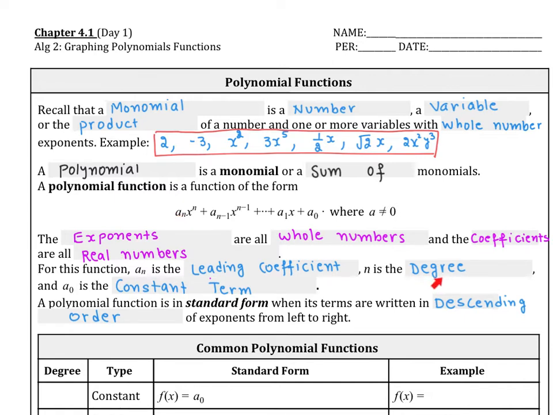n is called the degree. The highest exponent that we're talking about, that's n, is called the degree. And a sub 0, you can see there is no variable, so that's called the constant term. A polynomial function is in standard form when its terms are written in descending order. If you start from the highest degree and go down by 1 or 2, that is called descending order.